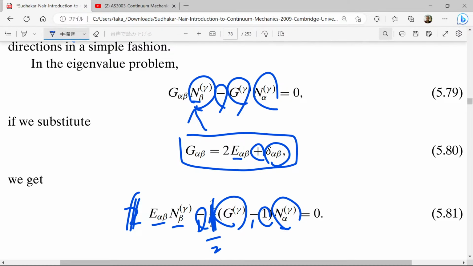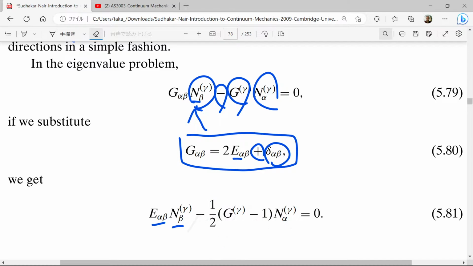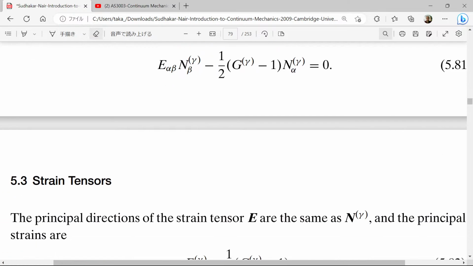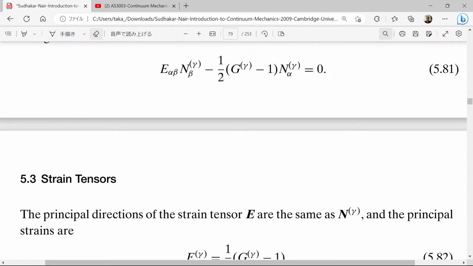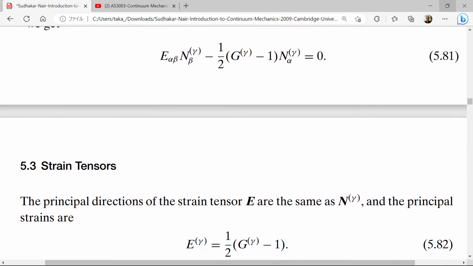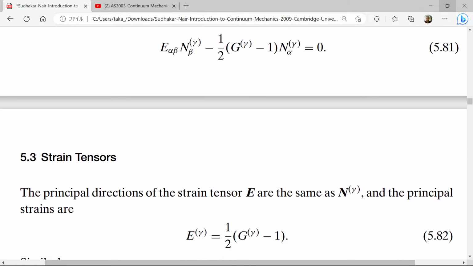So this is correct. So we get this. The principal directions of the strain tensor E are the same as N alpha gamma.